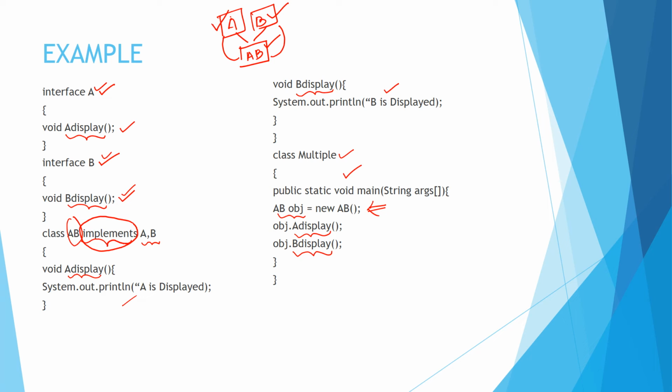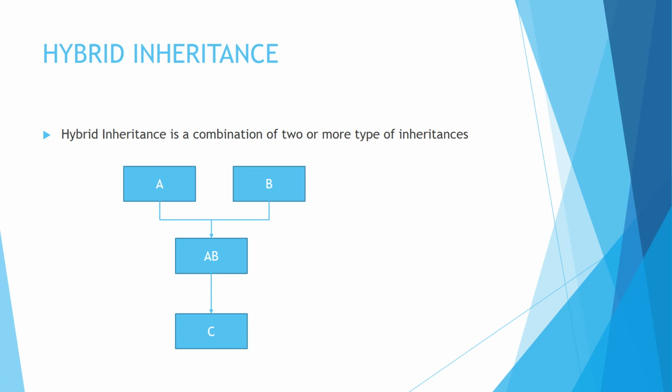Now the next concept we are going to see is hybrid inheritance. So what is hybrid inheritance? Hybrid inheritance is a combination of two or more types of inheritance. It can be a combination of single and multilevel inheritance, or multiple and single inheritance. So if there's a combination of two inheritances, it is called hybrid inheritance.